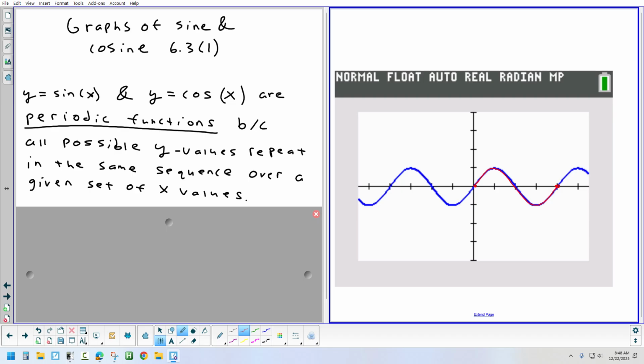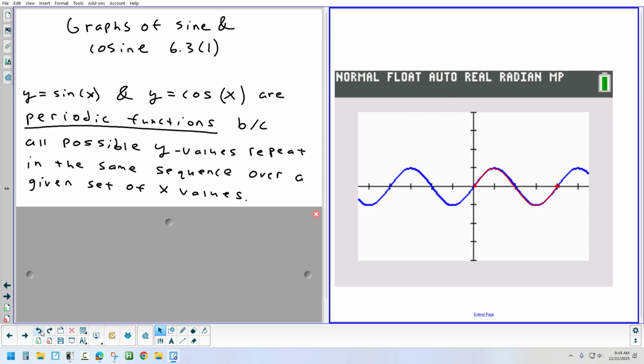That part that I just did in red, there's a name for it, but we're just going to call that one section. If you take that and you copy and paste it, left and right, forever, you will get the entire graph. It's just that one section in red repeated over and over. So the y values for that section in red start at 0, go to 1, 0, -1, and 0.